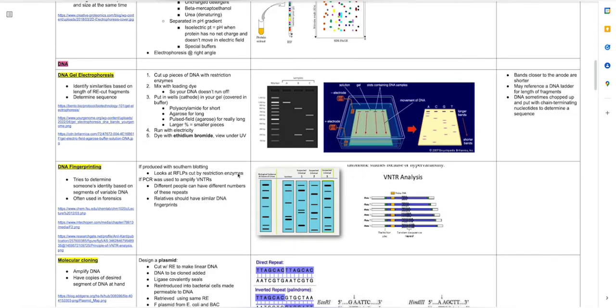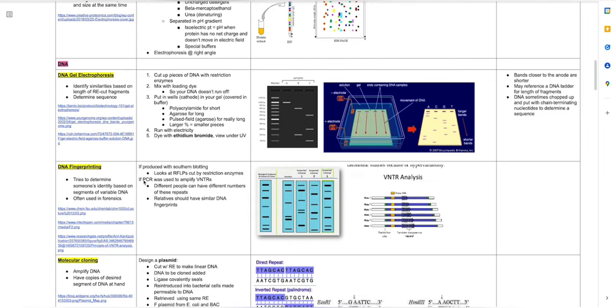So RFLPs are basically areas between where restriction enzymes will cut that are different in different people other than identical twins. So if the length of your fragments cut by restriction enzymes are the same as another person's, then it's likely that you could be related and stuff like that.